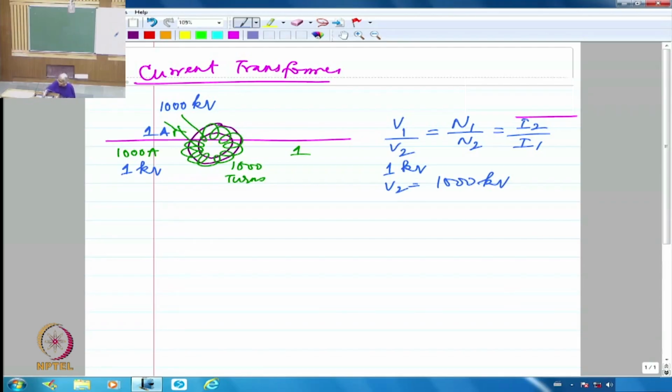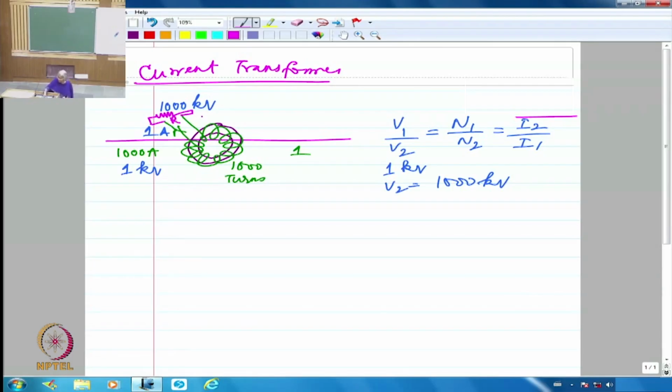To avoid that, I necessarily need to either short circuit the secondary or connect a very, very small resistance. The small resistance will work actually as a short circuit. The voltage that appears across this resistance will be whatever is my I, that is 1 ampere, multiplied by whatever is the R value here.